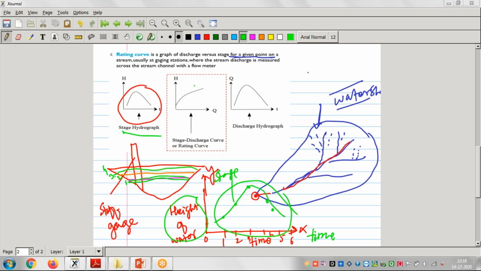Now there is one more term, the stage discharge curve. So what is this? If you see here, it was time; now here it is Q. Means what?